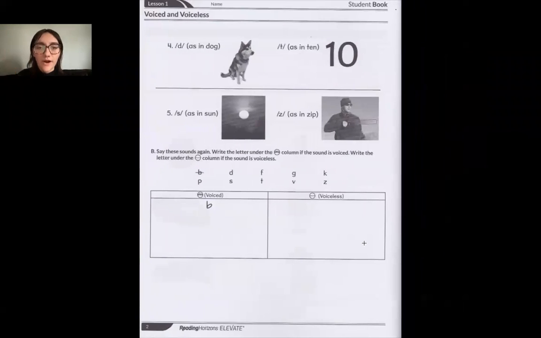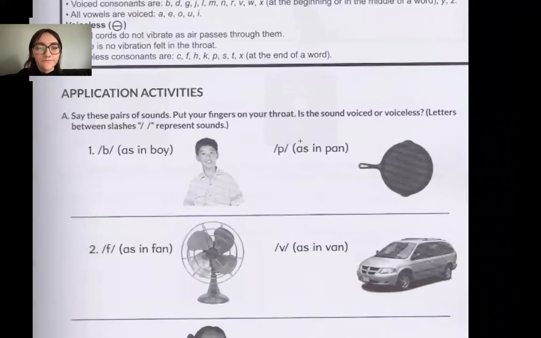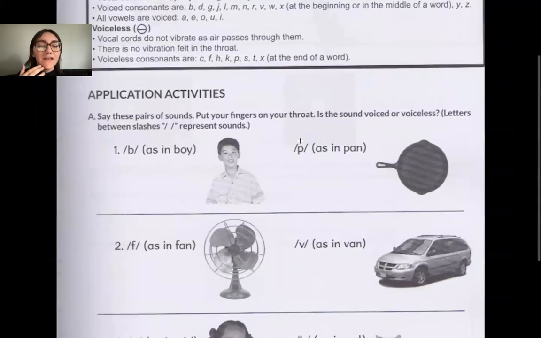Okay, so now let's practice figuring out if a sound is voiced or voiceless. We're going to say the sounds, put our fingers on our throat, and decide if it's voiced or voiceless.